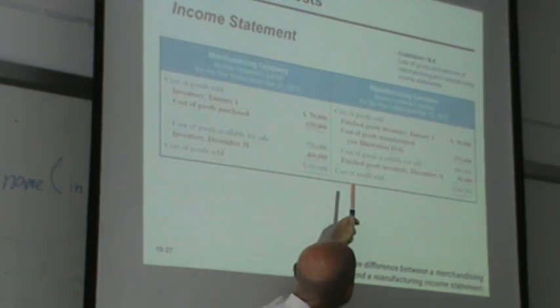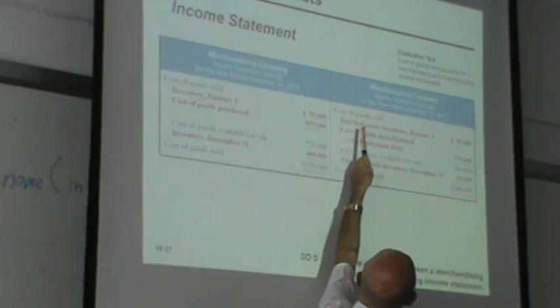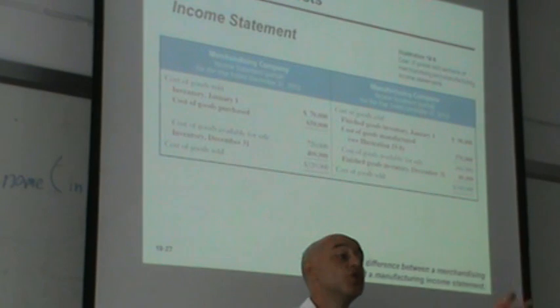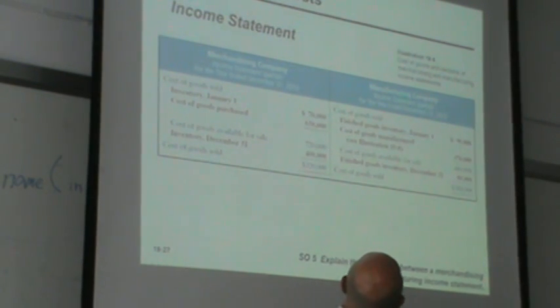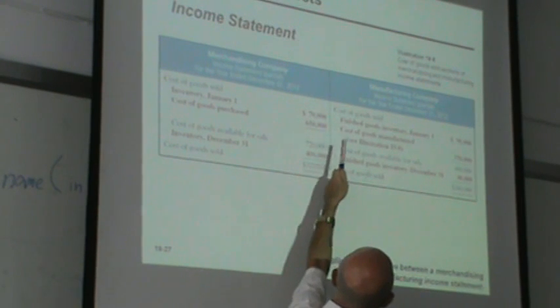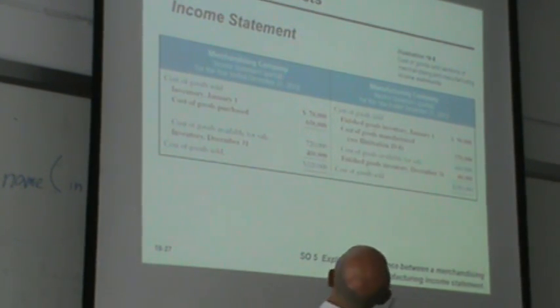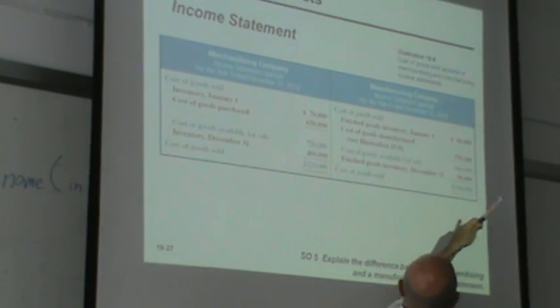For manufacturing, it's the same. Now, it's called finished goods inventory. 90,000. That's what you begin, okay? This is beginning, again. This is the beginning. Cost of goods manufactured, okay? Cost of goods manufactured. You manufacture for 370.